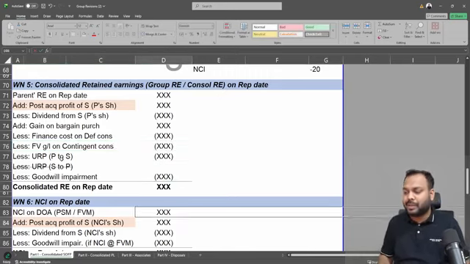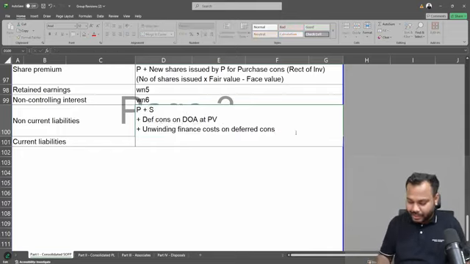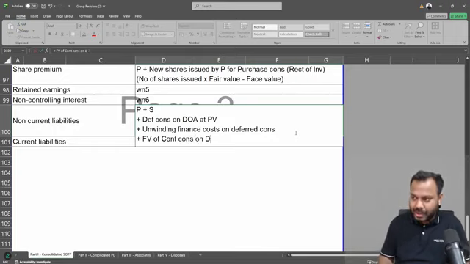Similarly here, under non-current liabilities, it can be a fair value of contingent consideration on date of acquisition plus fair value change on contingent consideration.